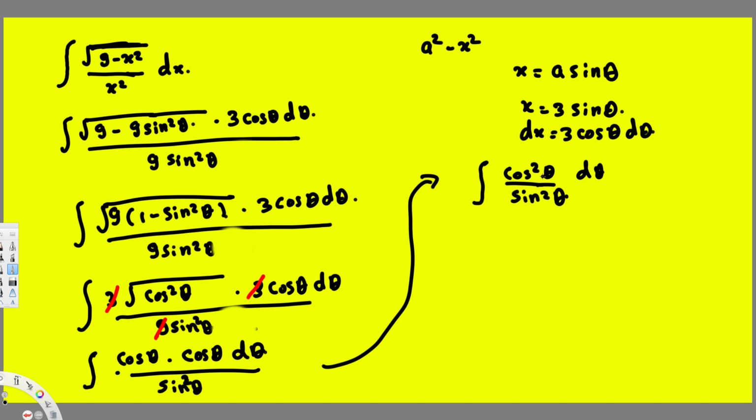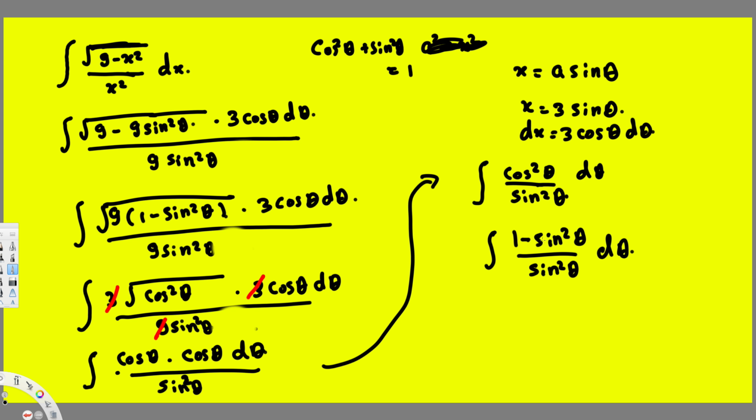So what we can do is take cos square theta as 1 minus sine square theta, as we did before. We know that cos square theta plus sine square theta is equal to 1, right? So from that we can derive that cos square theta is 1 minus sine square theta. So we can replace this cos square theta with 1 minus sine square theta over sine square theta d theta.